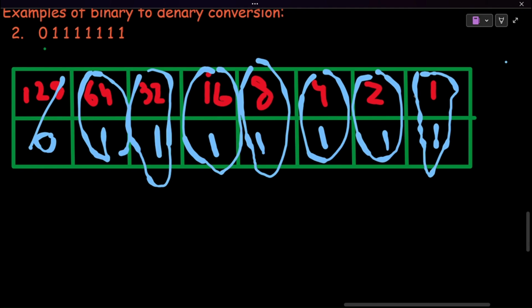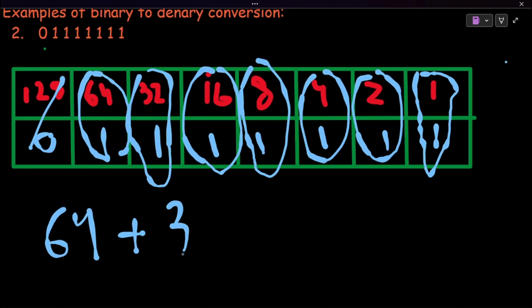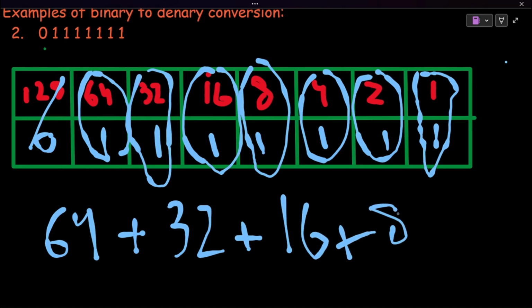8, 4, 2, 1. We are going to add these all. So let me add them. 64 plus 32 plus 16 plus 8 plus 4 plus 2 and plus 1.